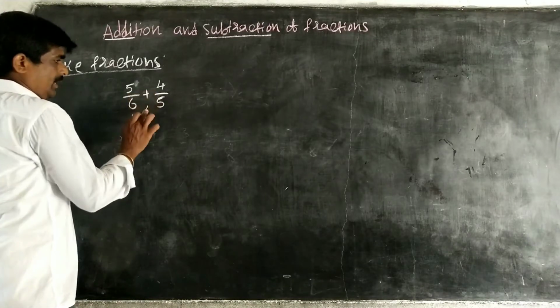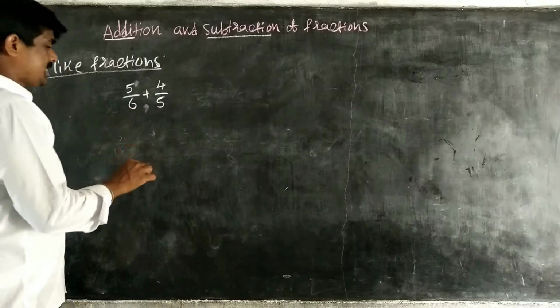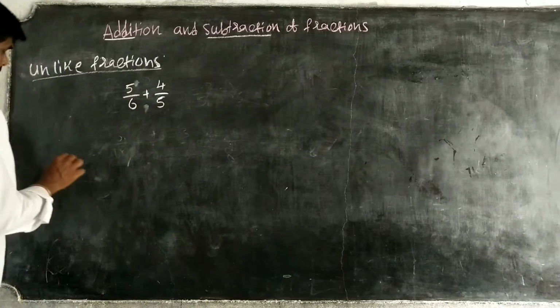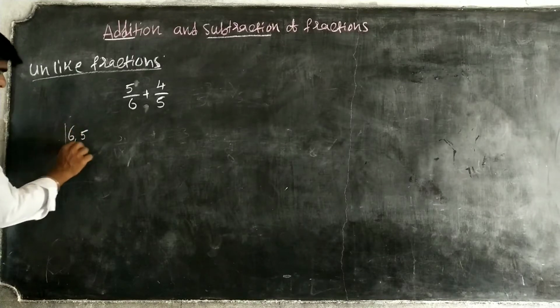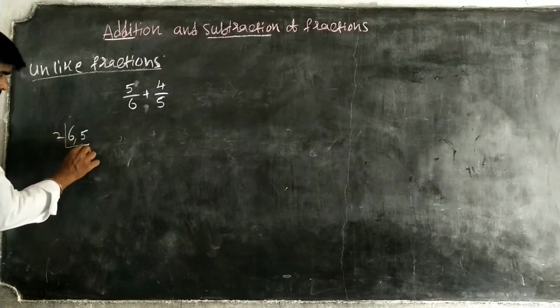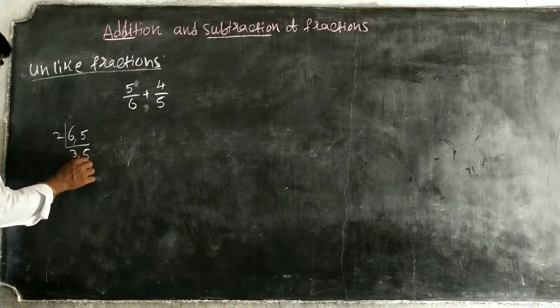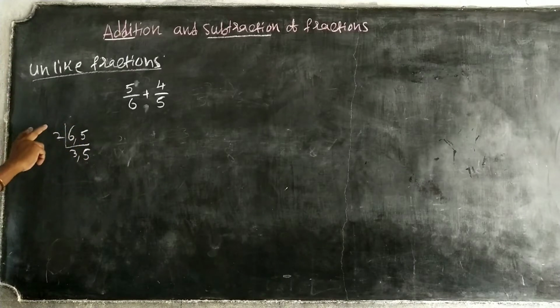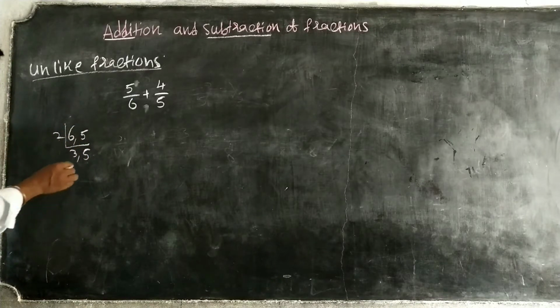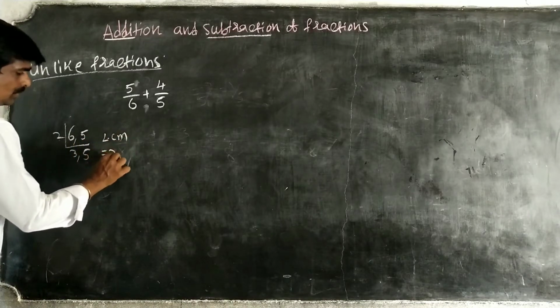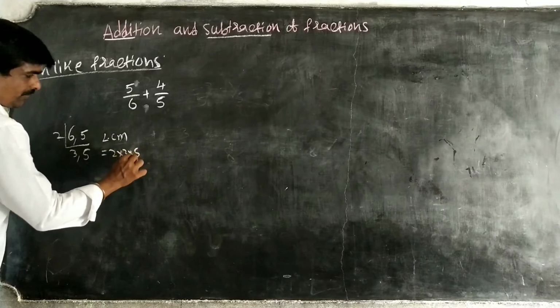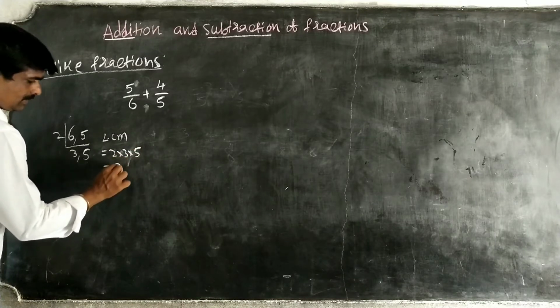So find the LCM of the denominators, 6 comma 5. First 2 3s are 6, then 3 and 5 are both different prime numbers. Therefore LCM is equal to 2 into 3 into 5, that is equal to 30.